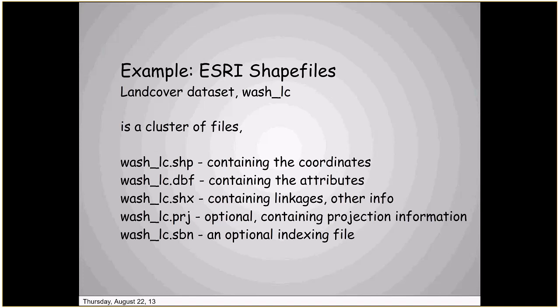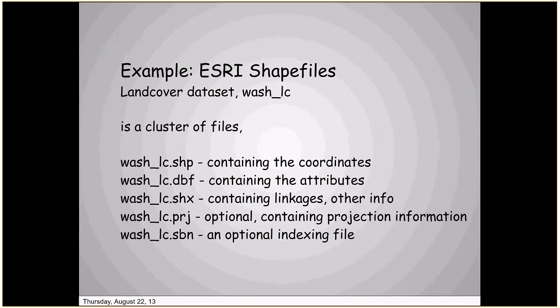The PRJ file is also optional, and it contains projection information. We'll talk about what projection information is next week. But if you were to delete this file and open your data up, it would no longer know what coordinate system it was in. It would still bring it up, but it would no longer know how many meters it was from point A to point B, because it wouldn't know that it was even using meters.